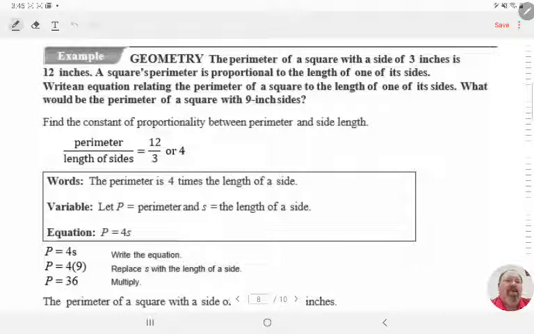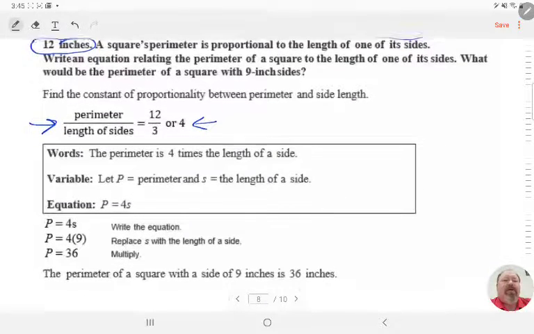So let's take a look at what we have. We need to set up a ratio. Perimeter over length of sides. Well, it tells me that a side of 3 inches is proportional to a perimeter of 12 inches. Okay, so 12 over 3, or simplified down would be 4 over 1, or just 4.